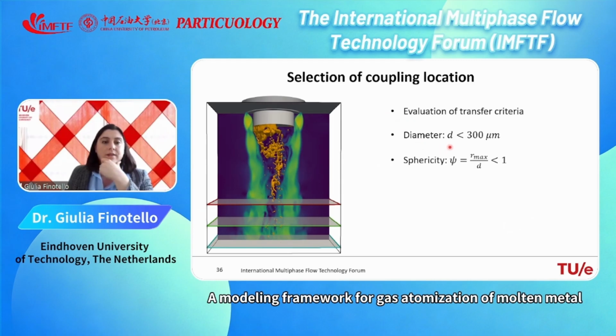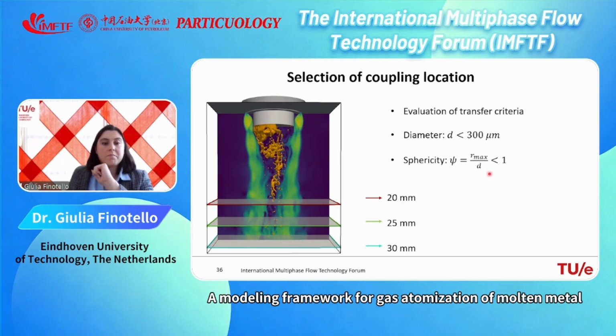So when the diameter of the droplet is smaller than 300 micron, that can be transferred to a Lagrangian framework. And the same is for the sphericity threshold criterion, where Rmax is the maximum distance from the droplet center of mass to the interface, and D is the equivalent diameter.